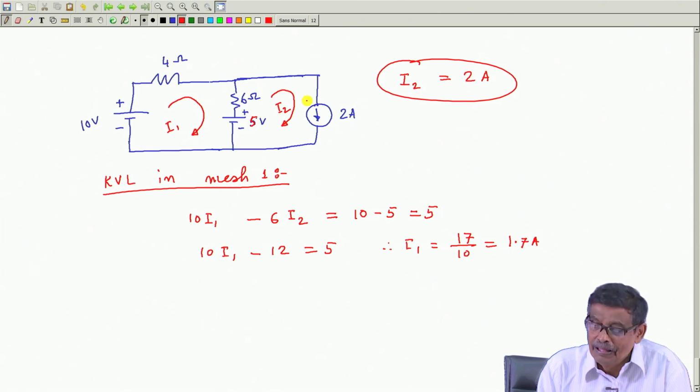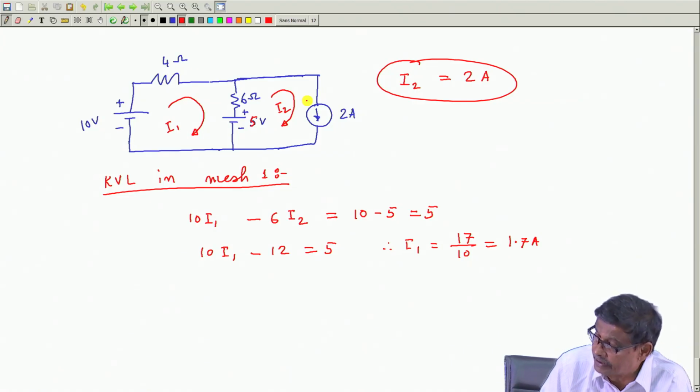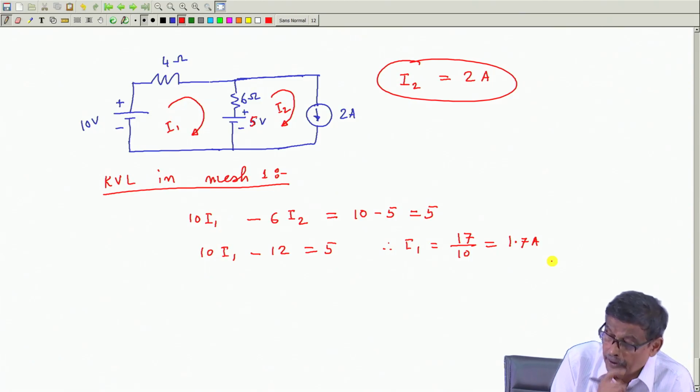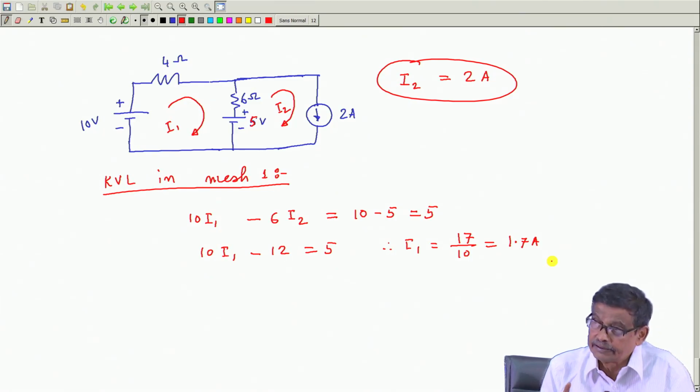Anyway, let me complete this problem completely. So, this I 1 is correctly calculated. Just check if any mistake.